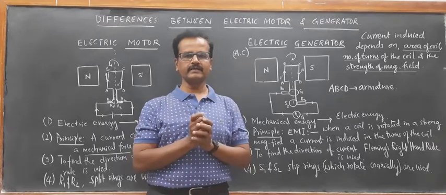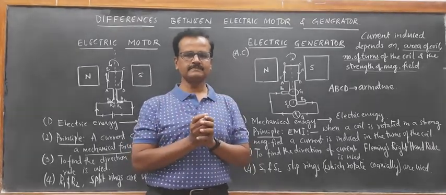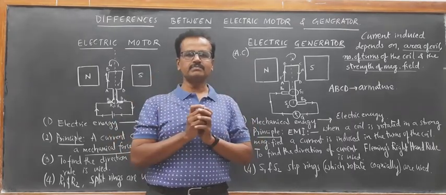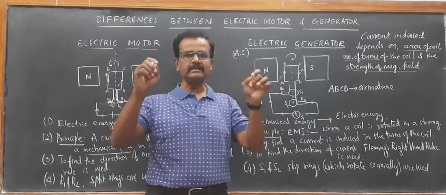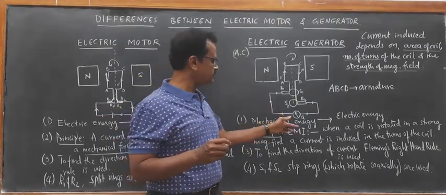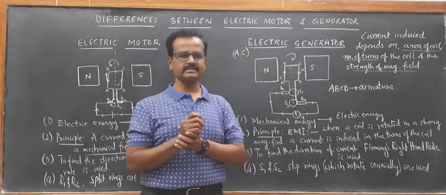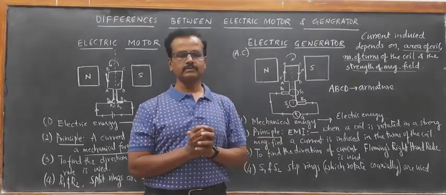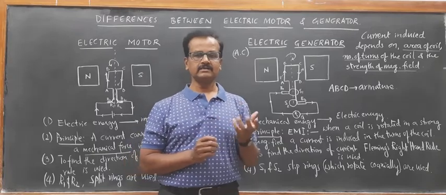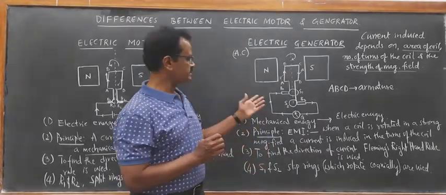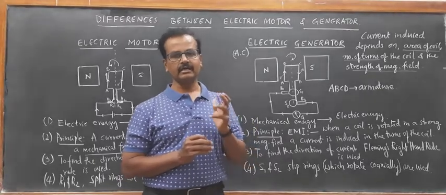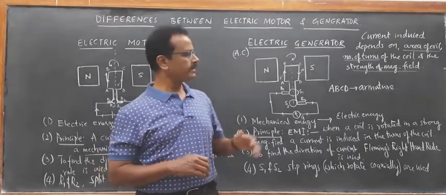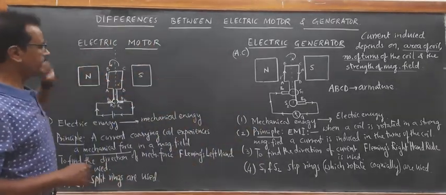Both the rings rotate with respect to the connected arms, and the brushes which are in contact with these split rings conduct the current, and that current generated will be used for the external circuit, like the circuit connected to a galvanometer or a bulb. So the DC generator generates direct current, whereas AC generator generates alternating current. So these are the differences between the electric generator and electric motor.